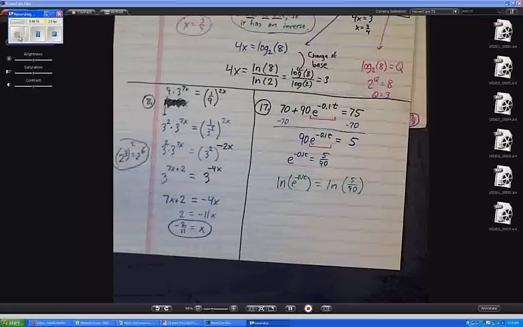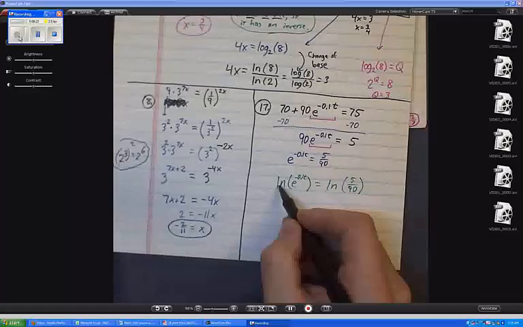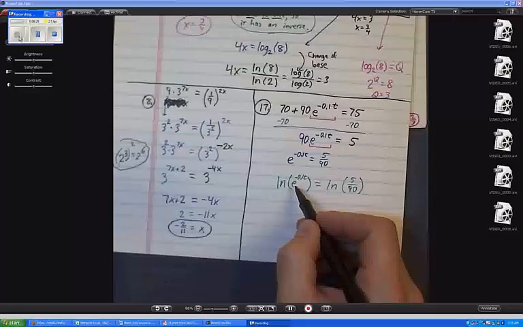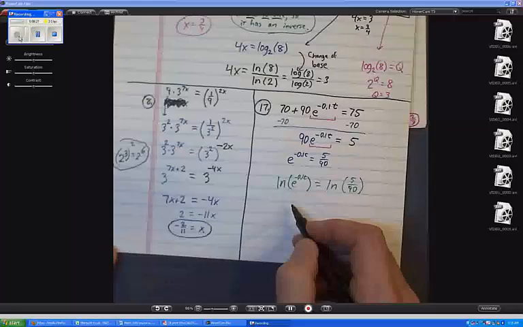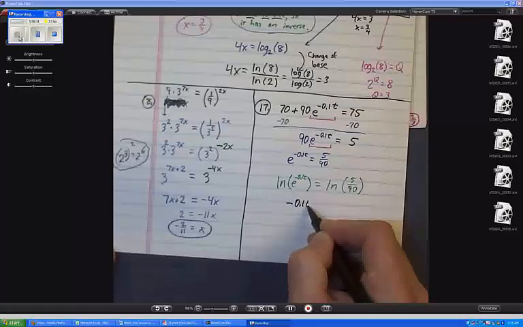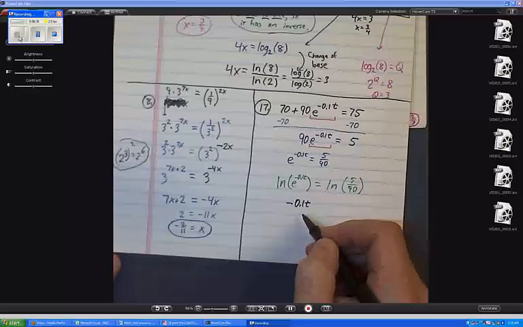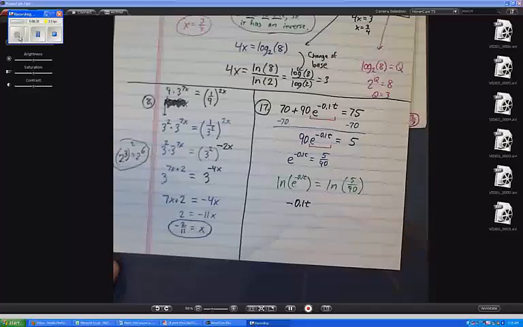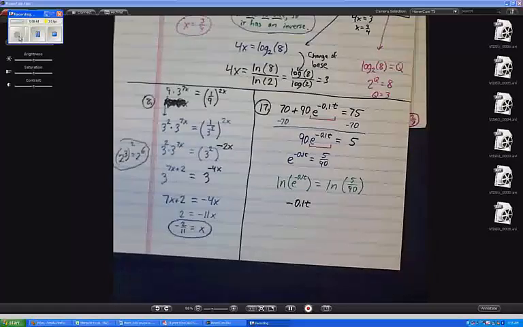And now on the left-hand side, what do I get? Yeah, the natural log and the e kind of undo each other. And so what am I left with? Just negative 0.1t. Does that make sense to people? The natural log undoes the exponential function. Matt? Do you bring down the power when you take off the natural log?